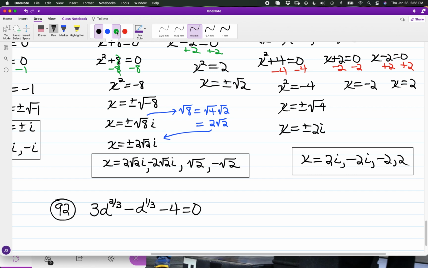And if you notice, you have a 2-to-1 ratio between D to the 2/3 and D to the 1/3. So we can say that this equation is going to be quadratic in D to the 1/3.